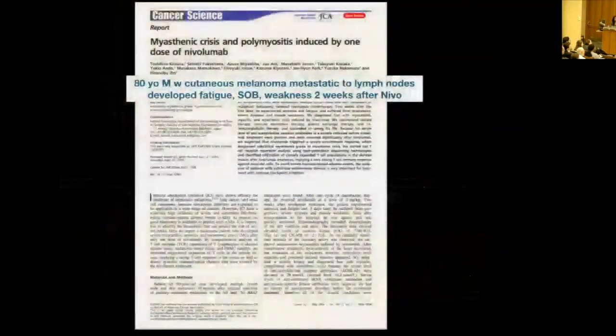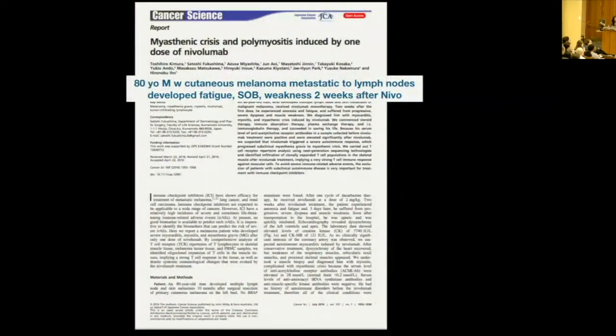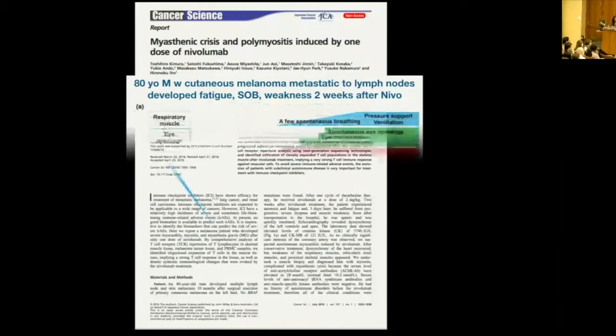This is a case report, and I thought this was interesting because it's very similar to our patient. And the authors described an 80-year-old man with a history of cutaneous melanoma metastatic to lymph nodes who developed fatigue, shortness of breath, weakness 2 weeks after starting nivolumab.